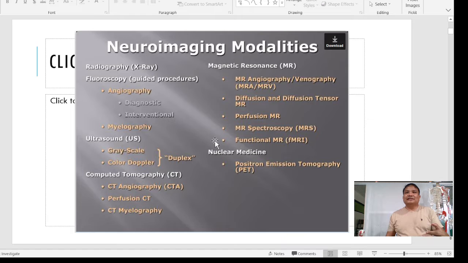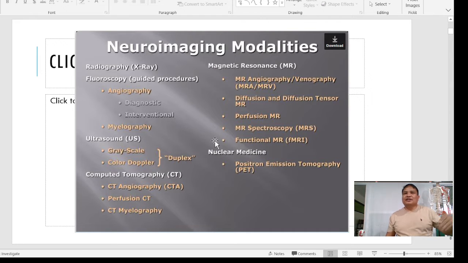Then you have your MRI. In MRI, there are a lot of procedures. You have angiography, venography, arteriography. Again, these methods need contrast. Then you have different procedures for MRI, such as diffusion and diffusion tensor MR, then perfusion MR. Then you have your nuclear medicine.